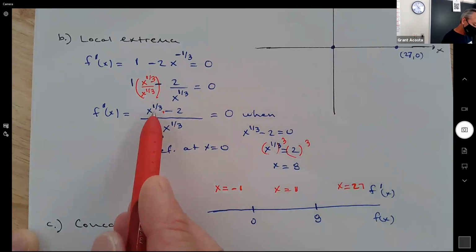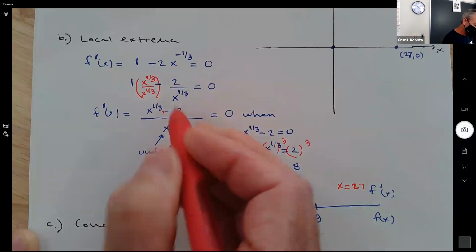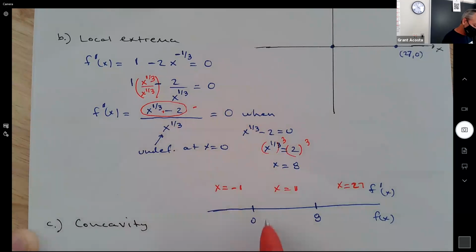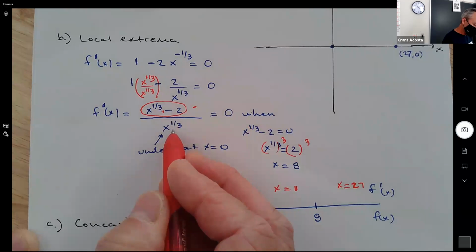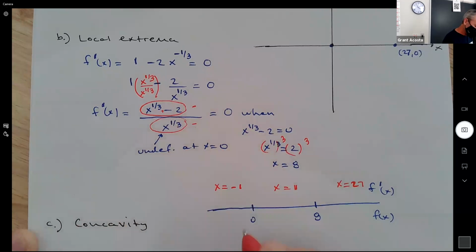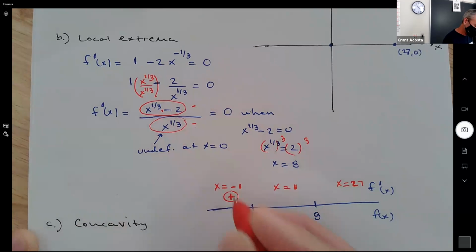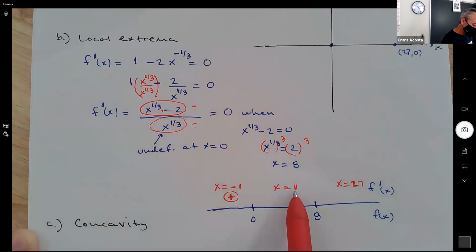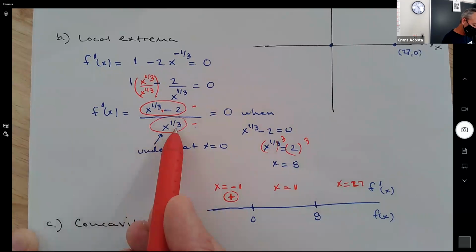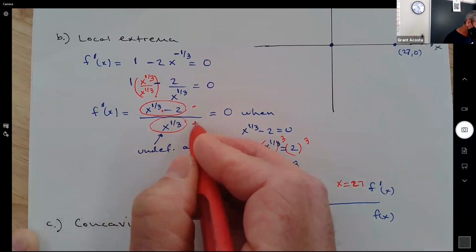Cube root of -1 is -1, right? -1 minus 2. So when x is -1, my numerator is going to be negative. And the cube root of -1 is negative as well. This will be negative. A negative over a negative makes this positive. If x is positive 1, cube root of 1 is 1 minus 2 is still negative, but the cube root of positive 1 is a positive number.